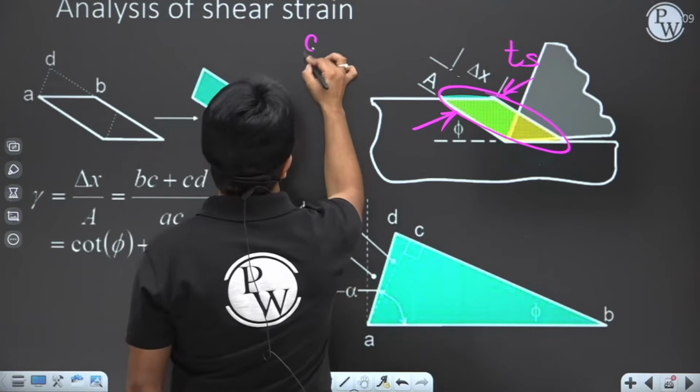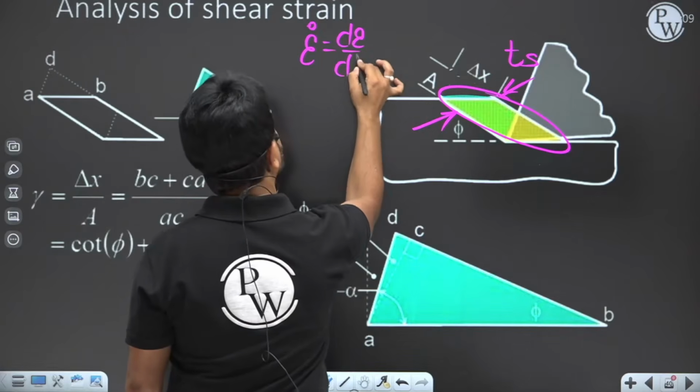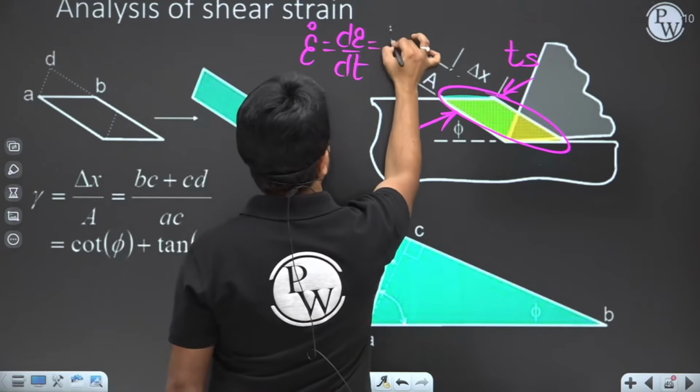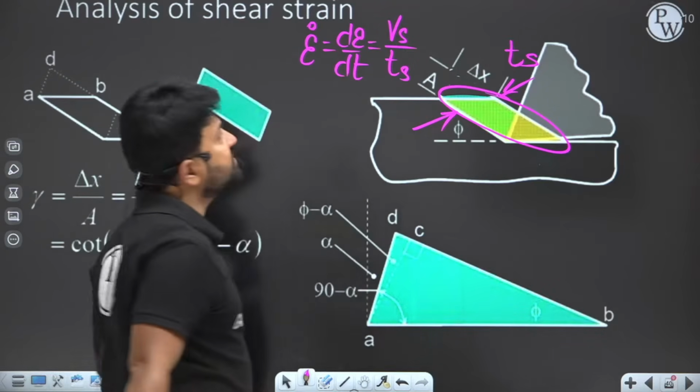So shear strain rate equals strain per unit time, or shear velocity divided by the thickness of the shear zone.